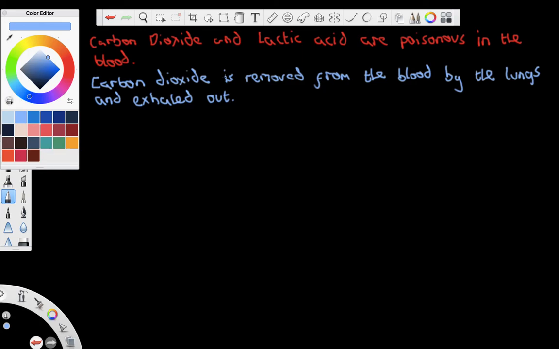Exhaled is a posh word for saying breathing out. So the carbon dioxide building up in your blood is removed by you breathing it out.